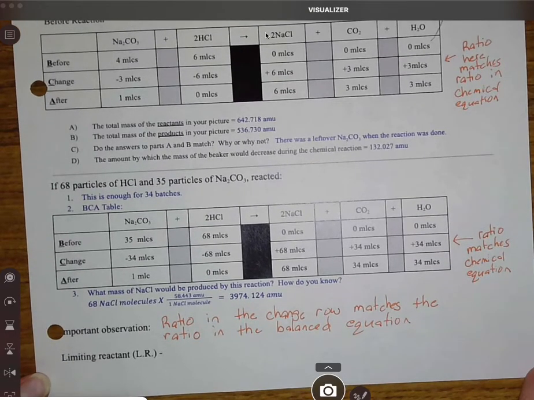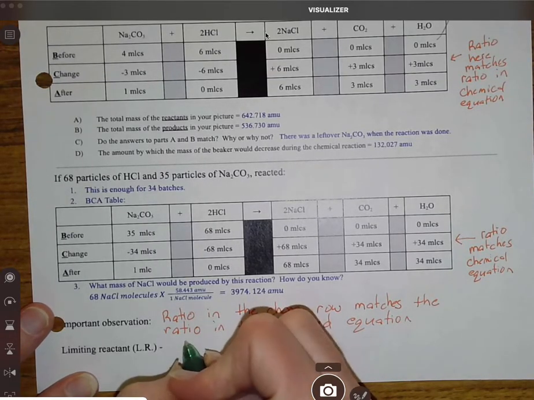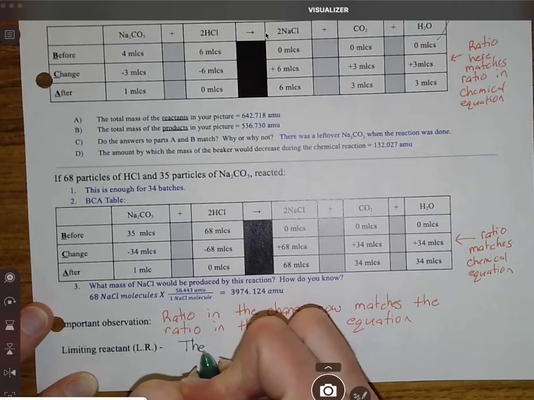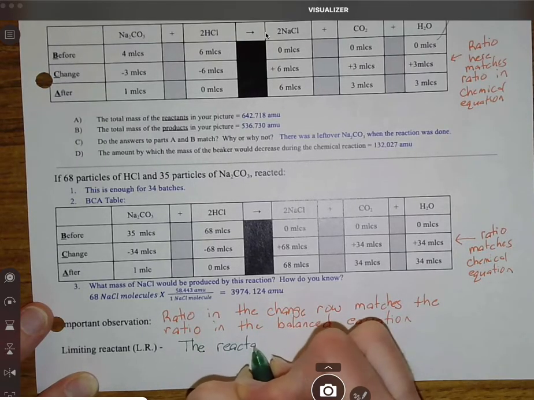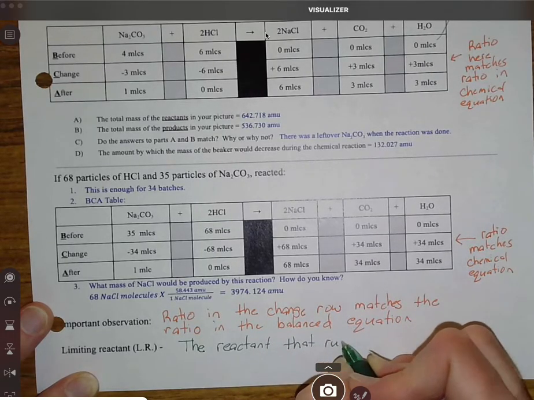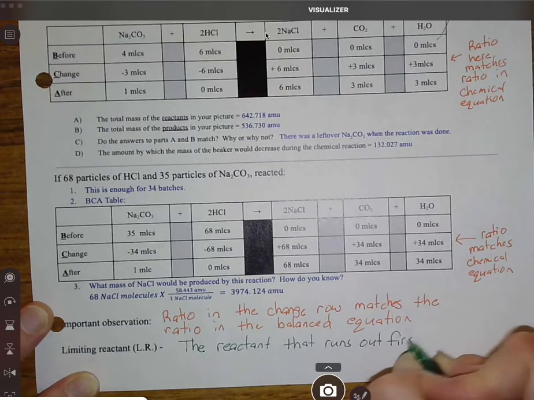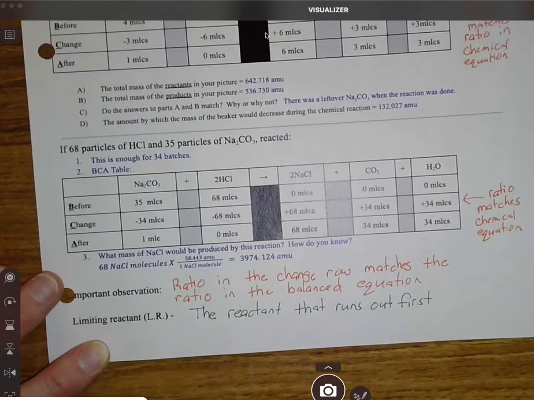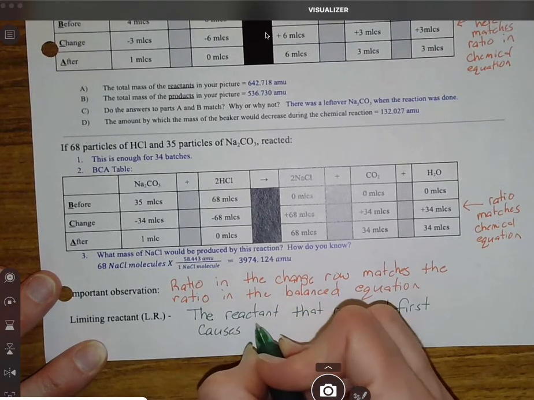The other idea that has emerged through lots and lots of these problems is the notion of the limiting reactant. The term limiting reactant is the term we have for the reactant that runs out first. When it runs out, it causes the reaction to stop.